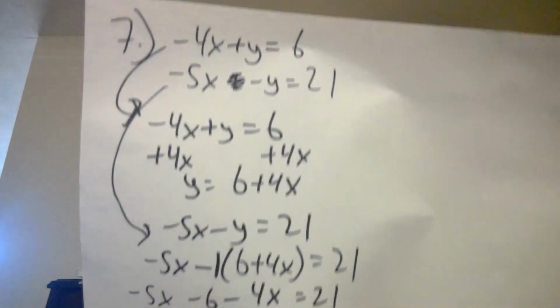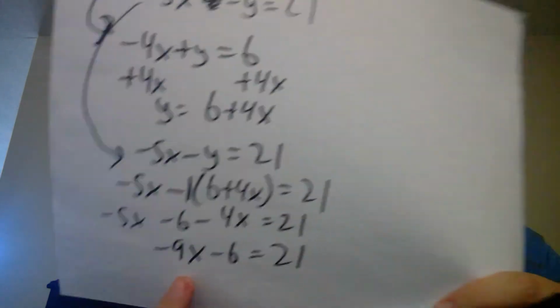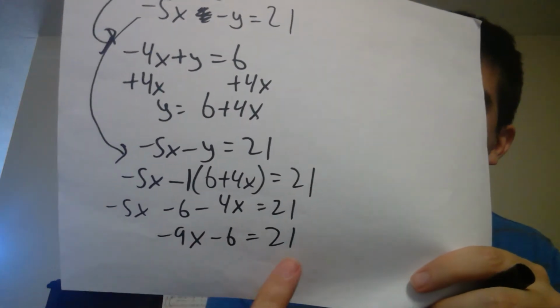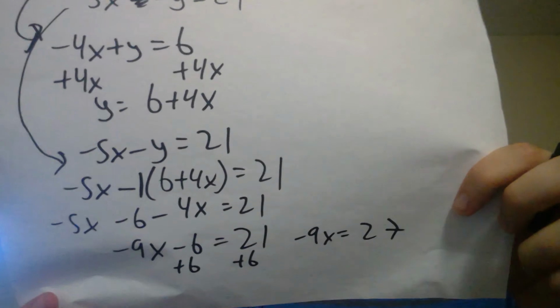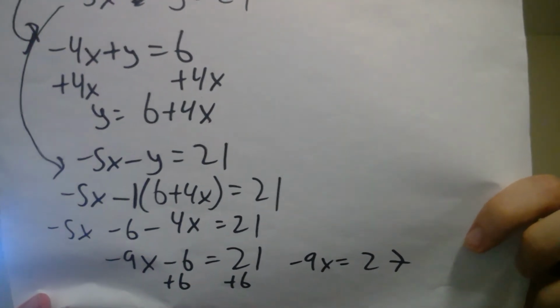But anyways, so here, those two terms combine to negative 9x. I'm going to add 6 to both sides. And I'm going to have negative 9x equals 27. Dividing both sides by negative 9, I'm going to get negative 3 as x value.